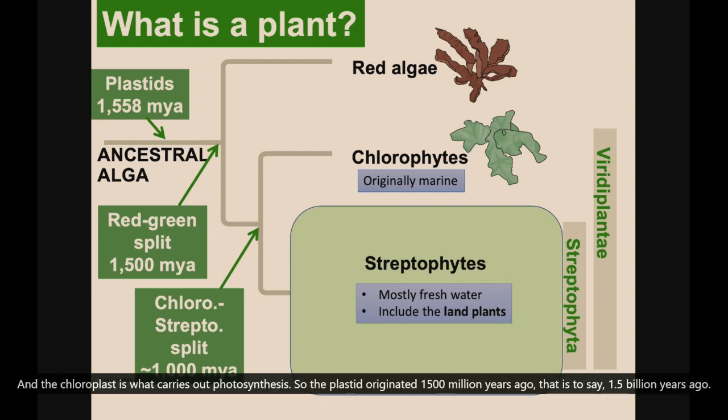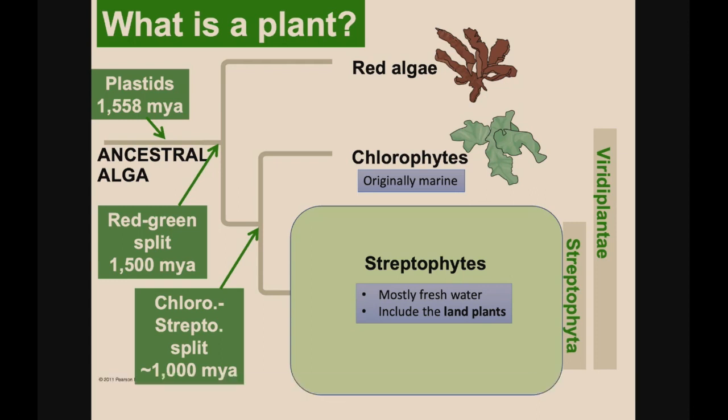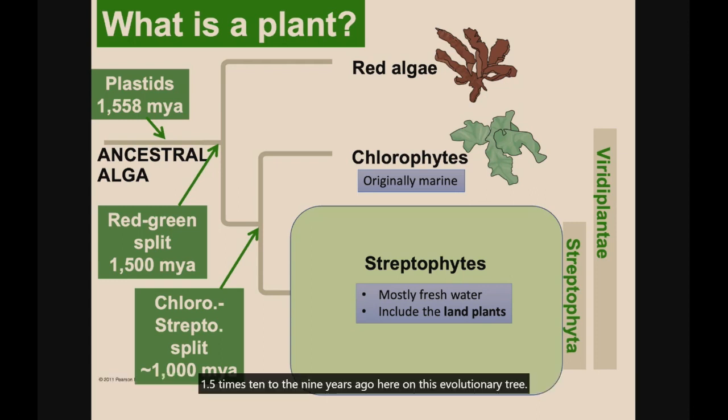And the chloroplast is what carries out photosynthesis. So the plastid originated 1,500 million years ago, that is to say 1.5 billion years ago, 1.5 times 10 to the 9 years ago, here on this evolutionary tree, and it gave rise to these different groups.